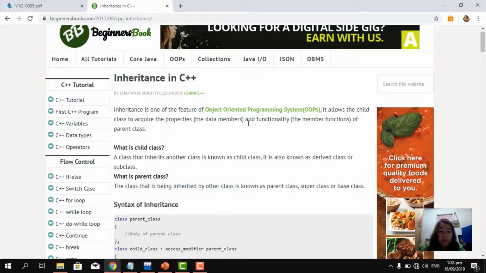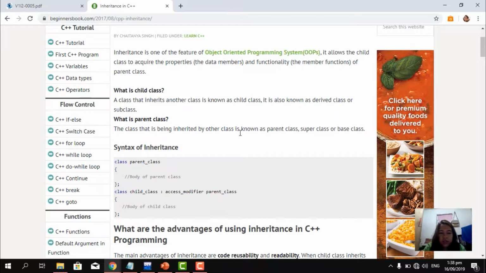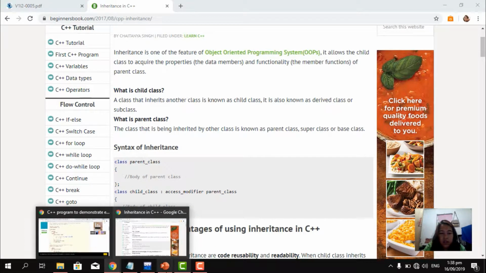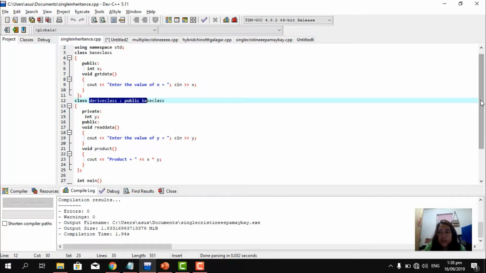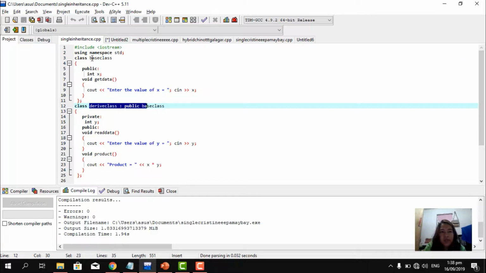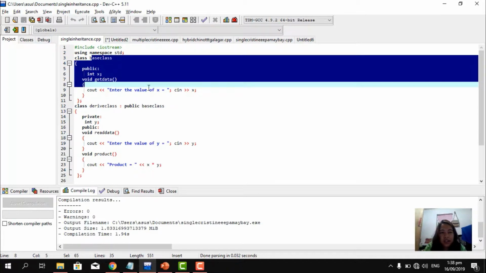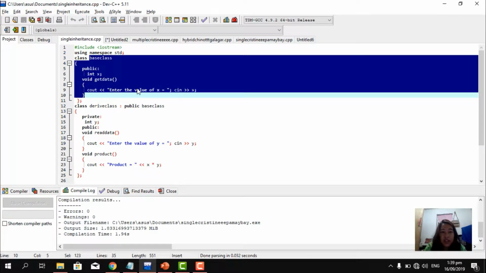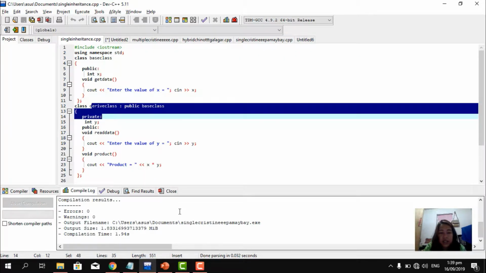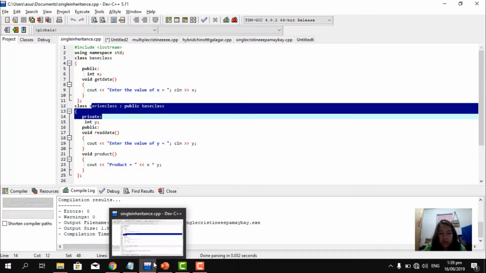The class that is being inherited by another class is known as the parent class, superclass, or base class. This is the parent class, the base class, because this one is inherited by the derived class or the child class.